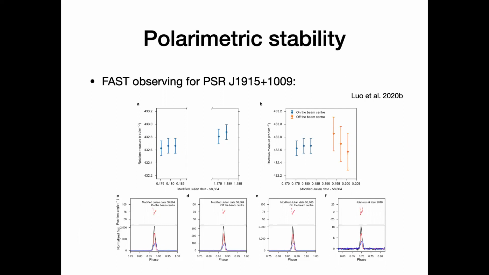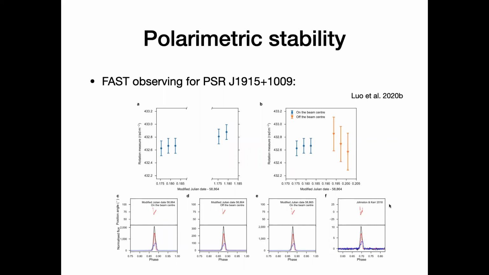We wanted to test whether the target is on or off the beam center, and whether the polarization data has been recorded correctly. We found that for on and off beam center, the polarization profile of this particular pulsar remains identical, even when observing the next day; the polarization profile didn't evolve.